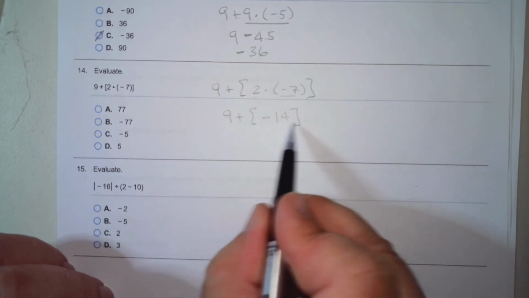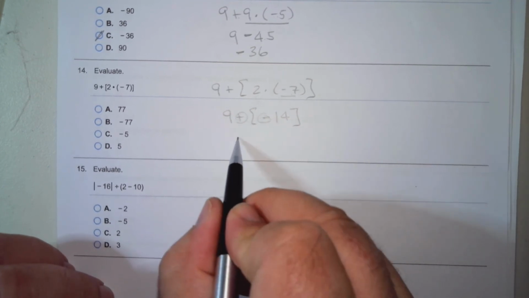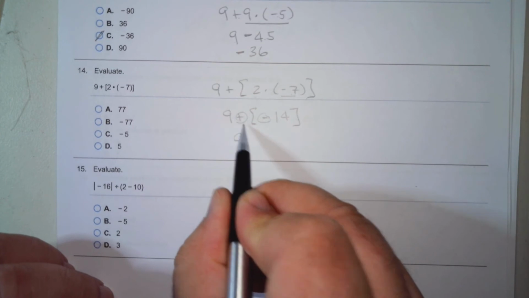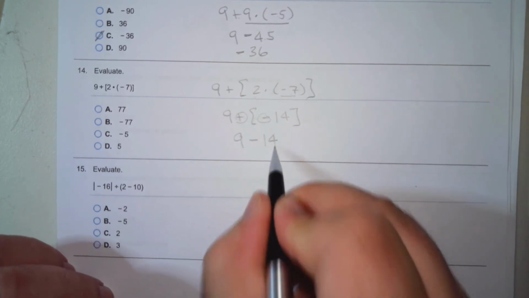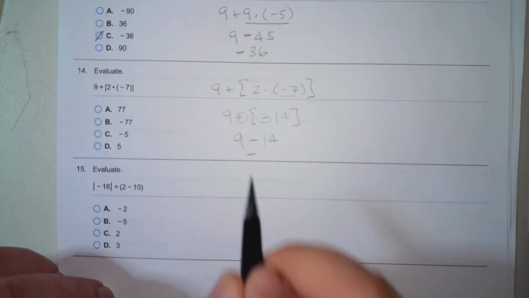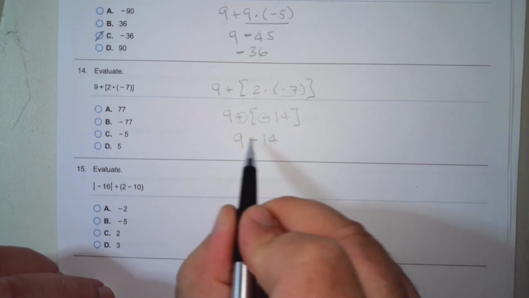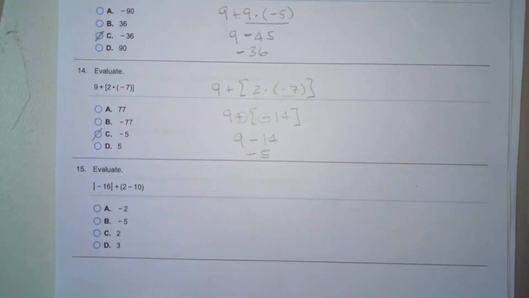We can't do anything else inside the brackets. So we have a positive and a negative. That becomes opposite signs, so it's negative 14. 14 is bigger than 9, it's negative, so the answer is negative. 14 minus 9 is 5, so the answer is negative 5.